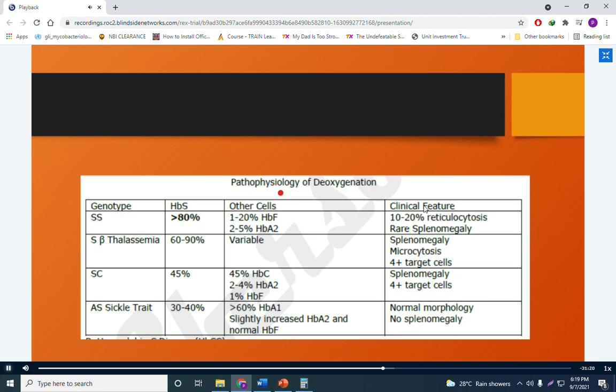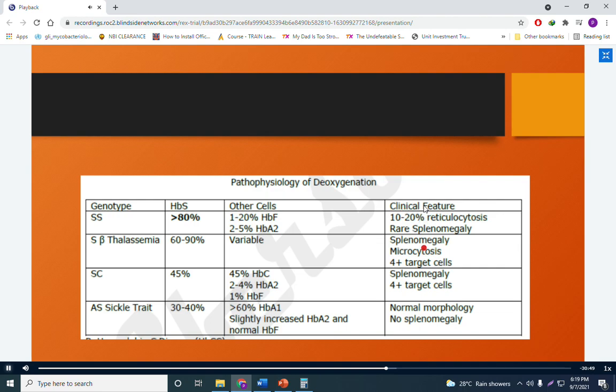So, class, this is the pathophysiology of deoxygenation. Remember your homozygous hemoglobin S. Then we have your hemoglobin S beta thalassemia, your hemoglobin SC, a combination of hemoglobin S and C, and your heterozygous, producing your sickle cell trait. Here, the HbS, class, is abundant. Then there are other cells involved.